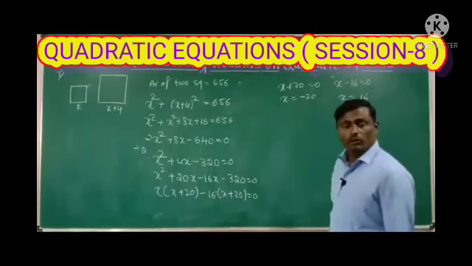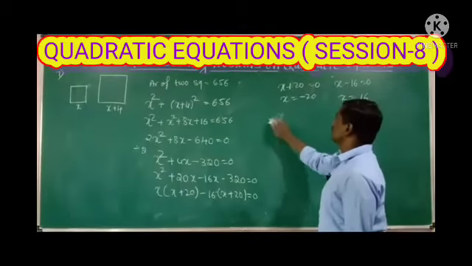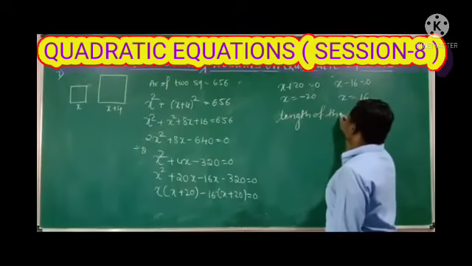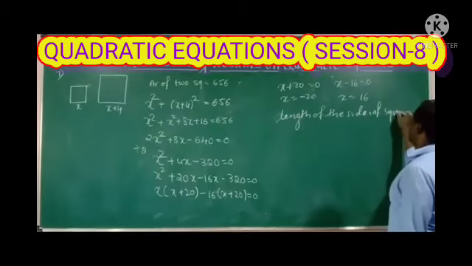The length of the sides of squares will never be negative, so x is the length of the sides of the squares.